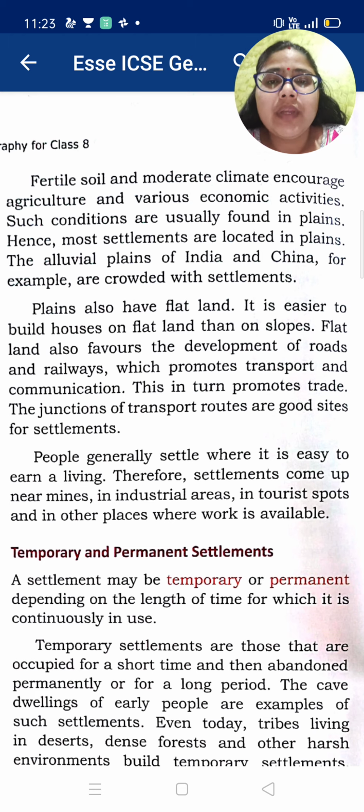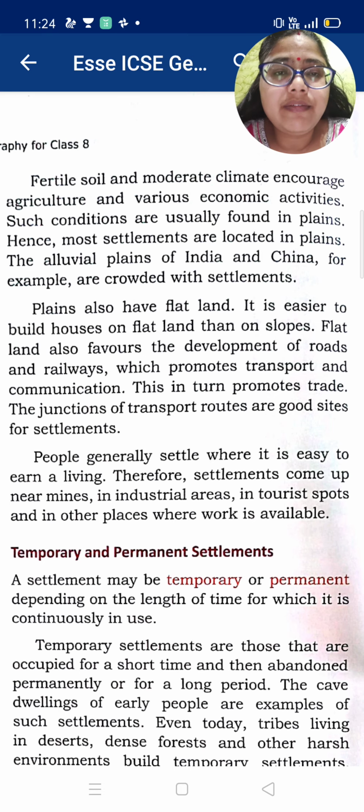So these plain areas are always overcrowded. As we all know that Uttar Pradesh is the most populated state of India, okay, and China, as you already know, is the most populated country in the world. So the availability of water is the major reason that these areas are overcrowded.